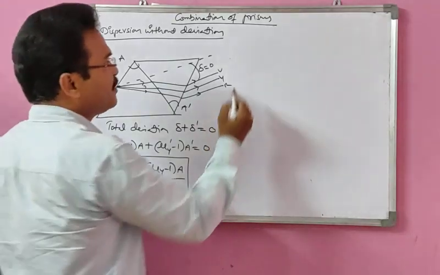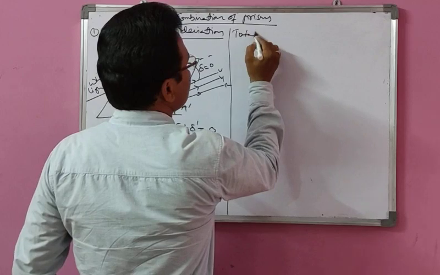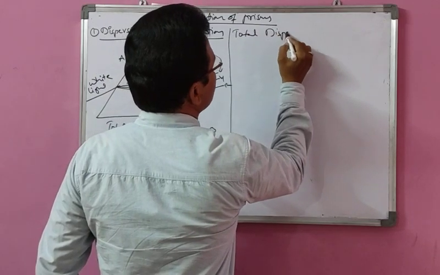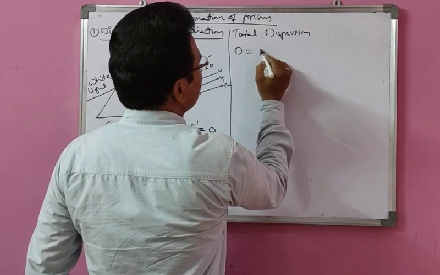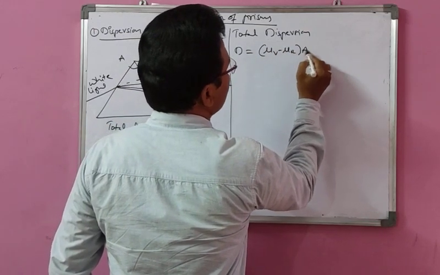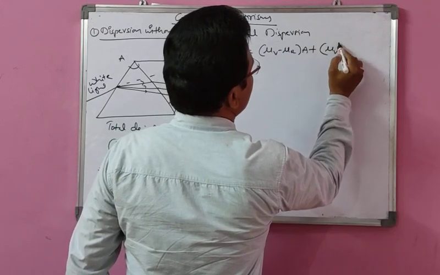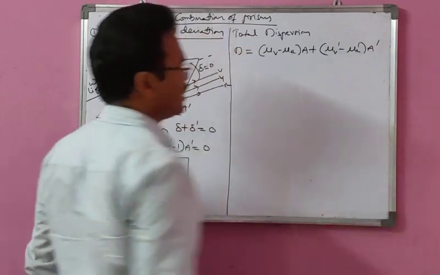So let us calculate the total dispersion. D equals mu V minus mu R of A plus mu V dash minus mu R dash of A dash.